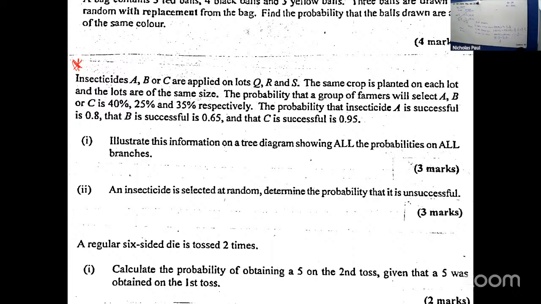What will happen to insecticide E? It works or it doesn't work, right? How many options is that? Two, right? So watch, it'll look like this. Insecticide E, insecticide B, insecticide C. Right? And then what would happen? Either insecticide A is successful or not successful.